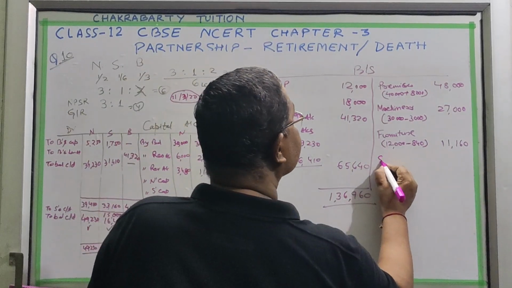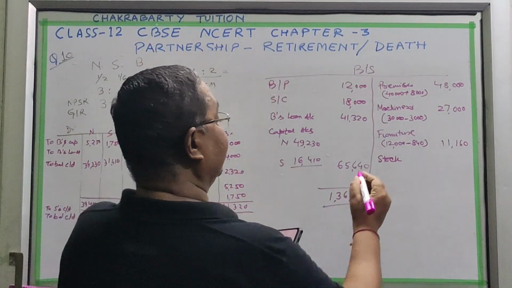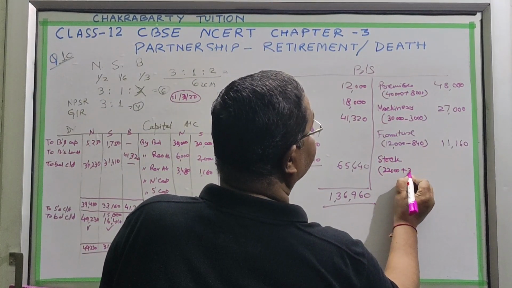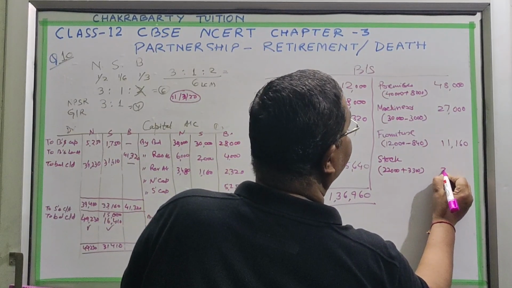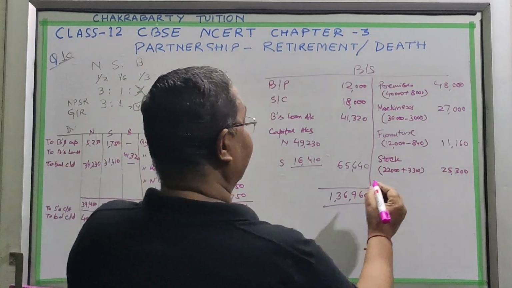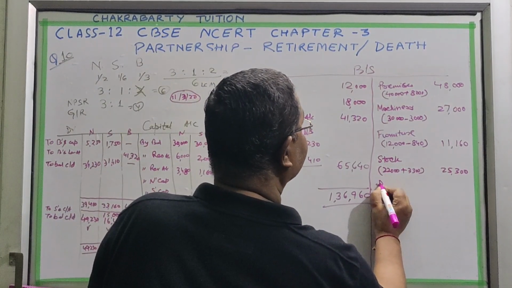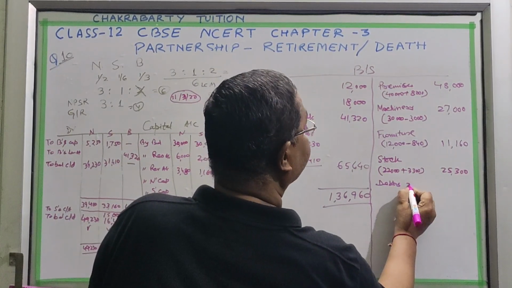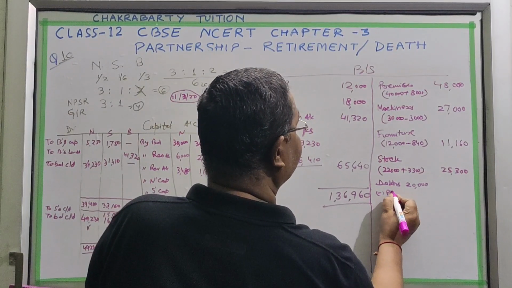Then stock. Stock was to be appreciated by 15%. Stock was 20,000, appreciated by 15%, 3,000, so it will become 23,000. Okay. Then the debtors will come. Debtors was 20,000, minus provision for bad and doubtful.